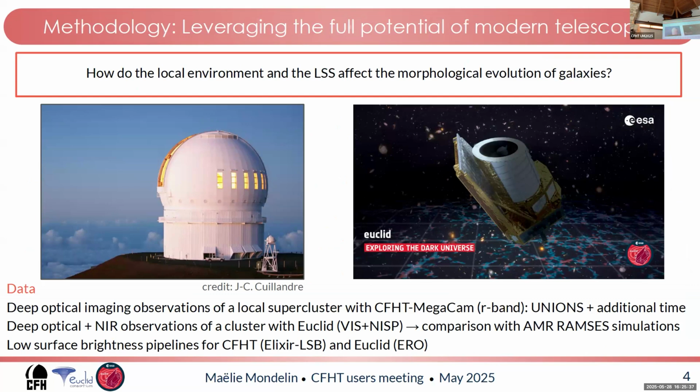And I also have a cluster of the superstructure observed by Euclid in the context of the Early Release Observations, which is Perseus. And for both, as explained before, I'm using the LSB treatment in order to have access to the outer part of galaxies, which are more susceptible to interact with the surrounding environment.